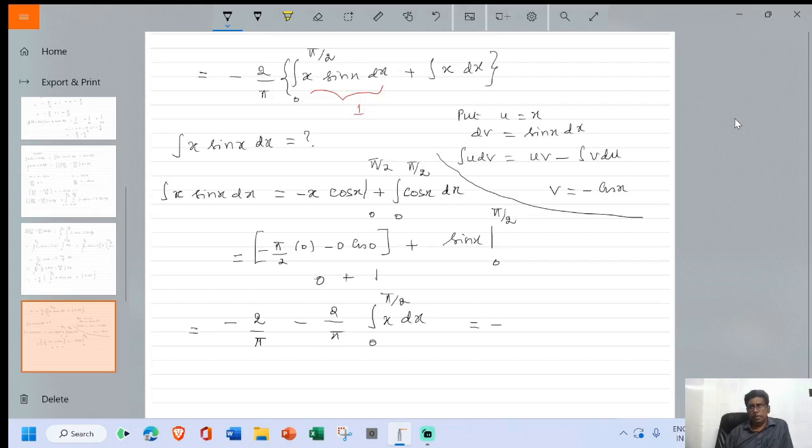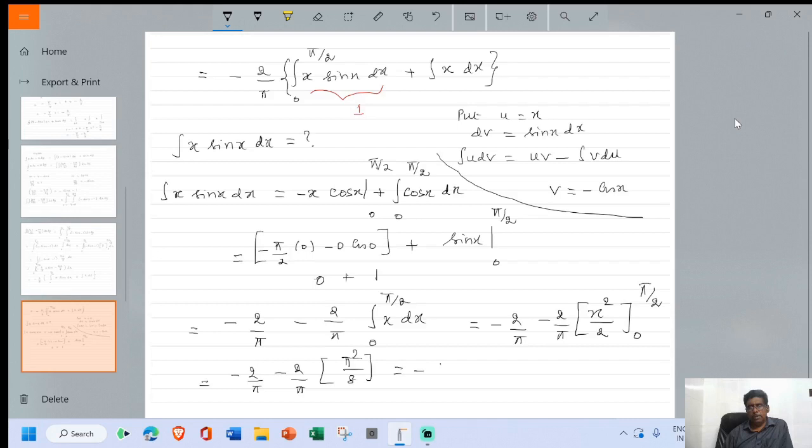This is equal to minus 2 by pi into x square by 2, then apply the limit 0 to pi by 2, which is minus 2 by pi minus 2 by pi into pi square by 8.